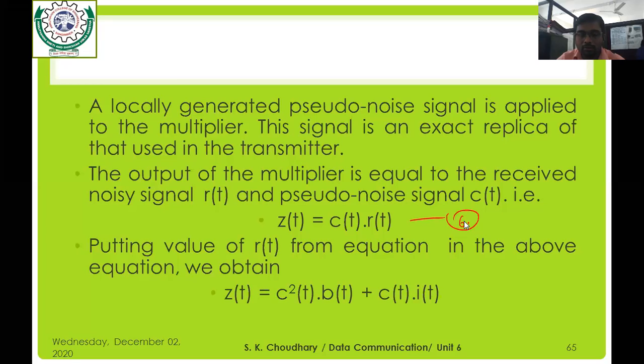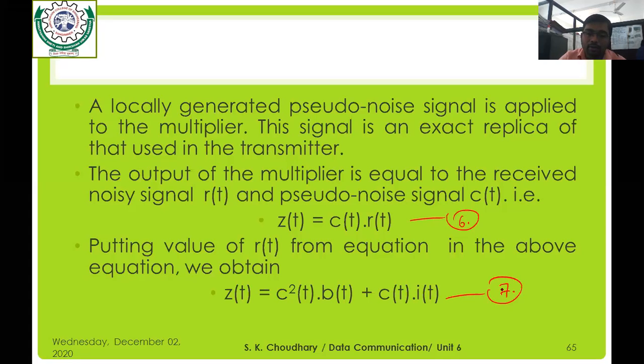You would get c(t) into c square(t) b(t) plus c(t) i(t). r(t) is what? It is c(t) into b(t) plus i(t). So it would be multiplied with c(t) here, and z(t) would be modified. That is presented through equation number 7.